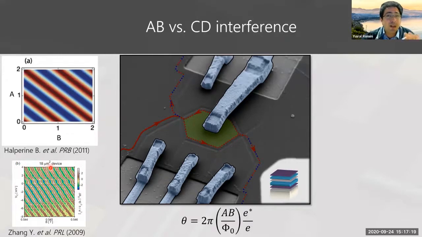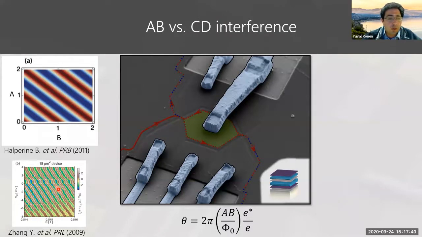What he did was measure a 20 micrometer square Fabry-Perot, and what he saw is exactly what's predicted: as the magnetic field increases, the area decreases.